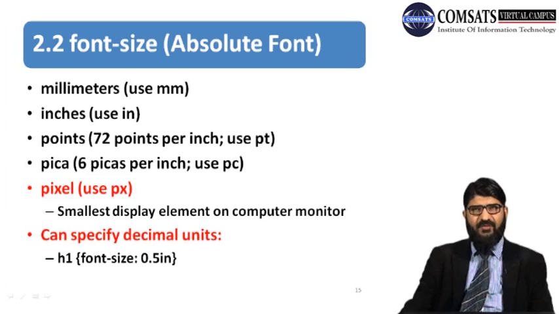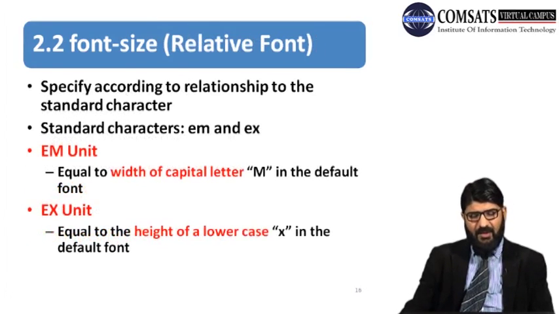So this is the way of writing absolute font. The second font is relative font. You have to specify according to the relationship of the character for the relative font, and standard characters appear in either EM and EX.